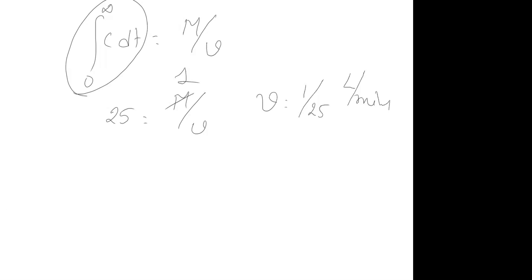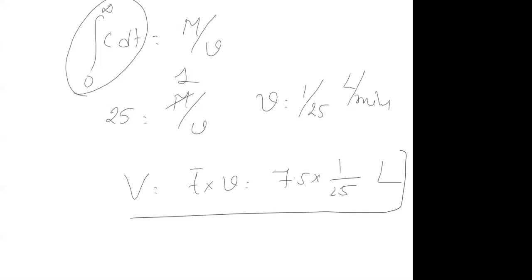Then what is your volume? Volume is nothing but T bar into v. So what is T bar? 7.5 into 1 by 25. This many liters is the volume of the reactor.